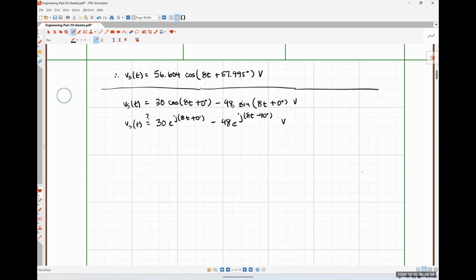Now, because I'm dealing with complex numbers, I think my Vs of t on the left-hand side should probably look like Vm e to the j(8t plus theta v), okay?